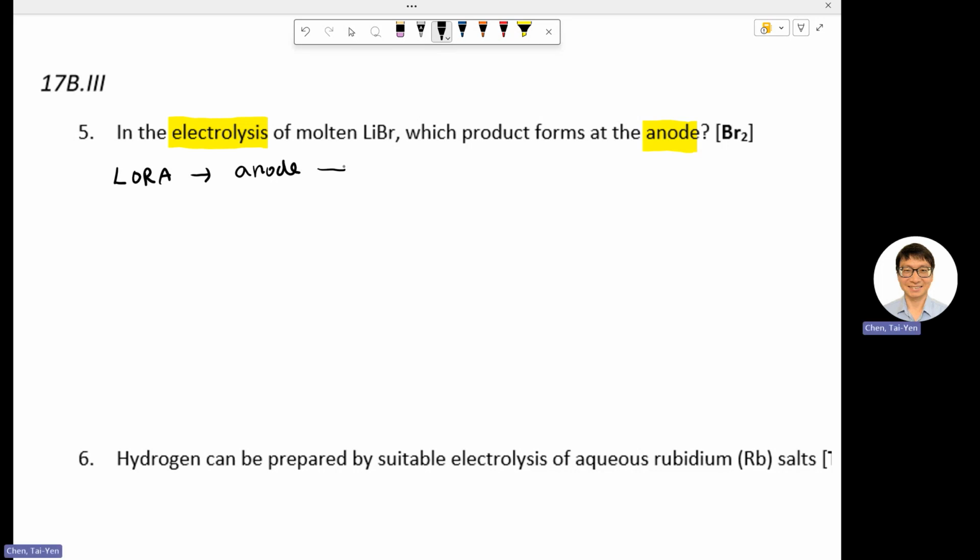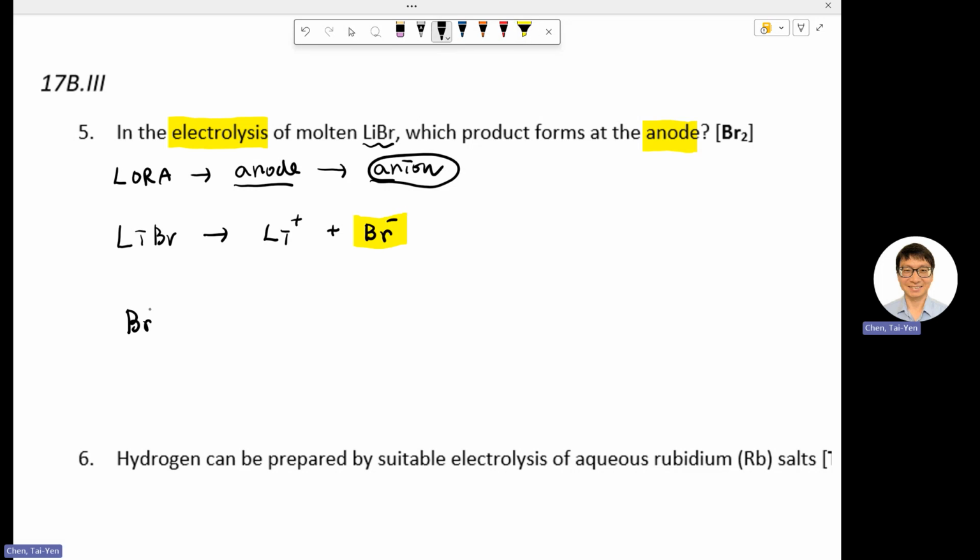Since it's the anode, you're looking for the anion. The molten salt of lithium bromide becomes Li+ and Br-. Therefore the relevant species is the anion, Br-.